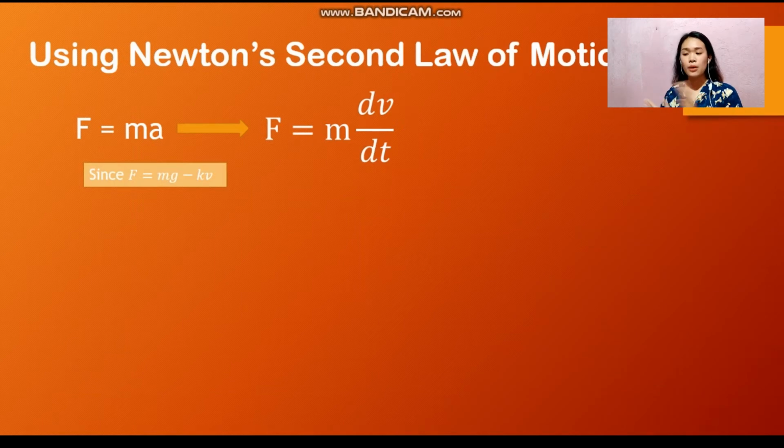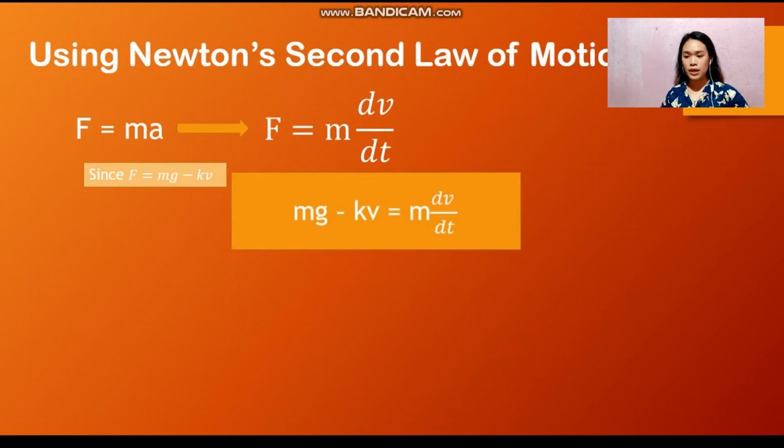So, since yung nakuha nating formula kanina sa net force is equals to mg minus kv, ipapalit ngayon natin yung formula ng force dito sa Newton's second law para makuha itong mismong formula natin na mg minus kv is equals to m dv over dt. Ito na ngayon yung na-discuss ko. So, i-simplify lang din natin lalo.